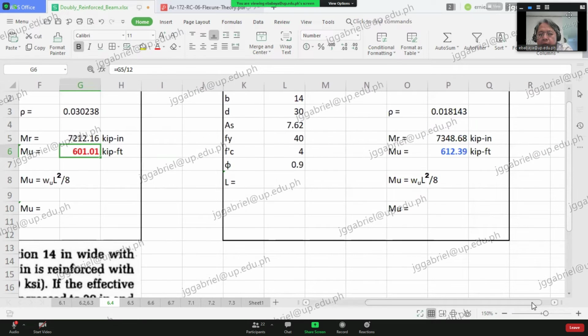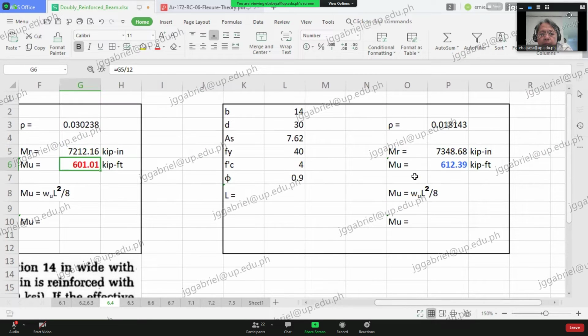Okay, now tingnan nyo rito. From 24 gagawing 30. So if this happens, ano ang nangyayari? Lalaki yung section ng concrete, okay?